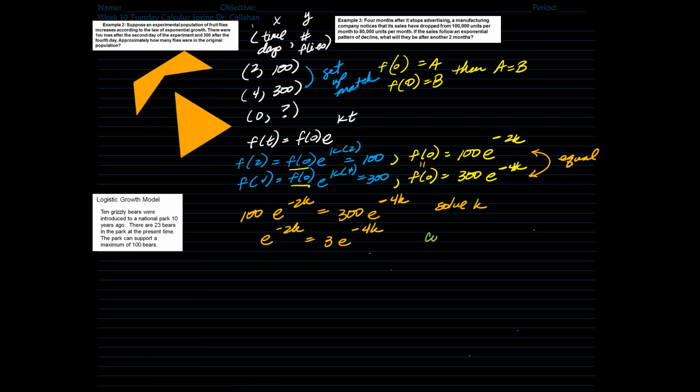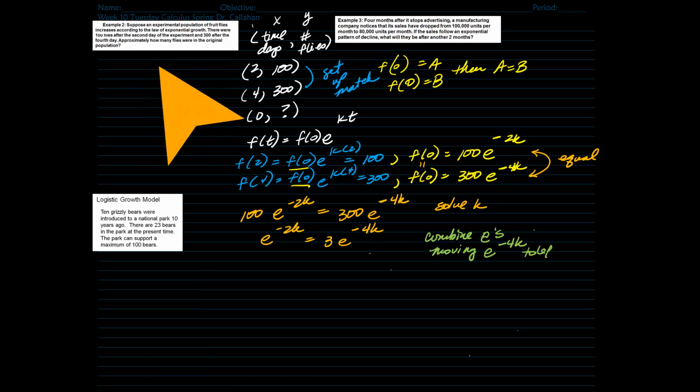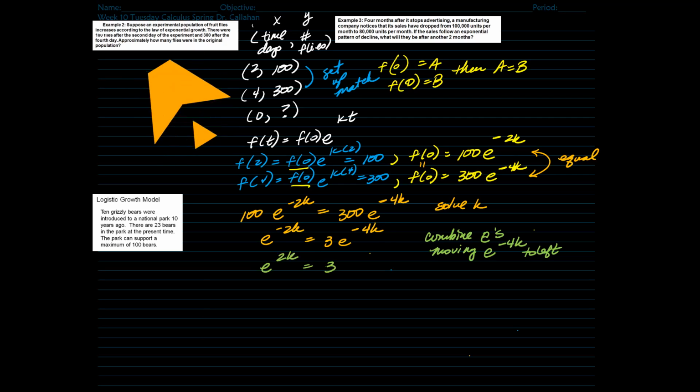Next, let's go ahead and combine the e's by moving e to the negative 4k to the left. If I move it over to the left, it becomes a positive 4k. Positive 4k minus 2k is e to the positive 2k equals 3.